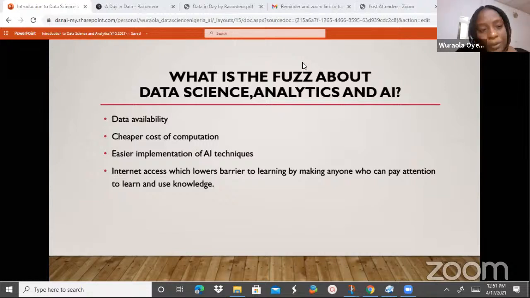Because of the advent of cloud computing, you don't need to set up your own servers. In fact, there are many free storage platforms; most of my data that is stored on Google Drive is free. There's more digital data available to analyze. I'm going to give an instance of data availability as it relates to pharmacy here.